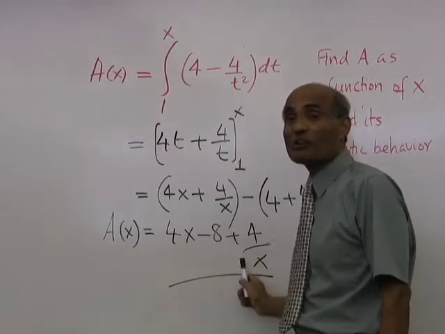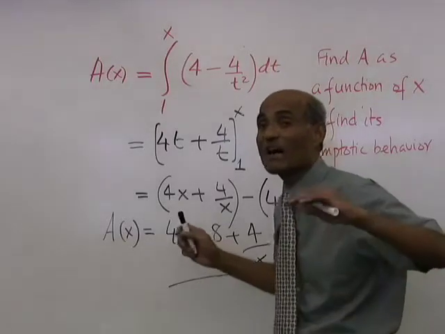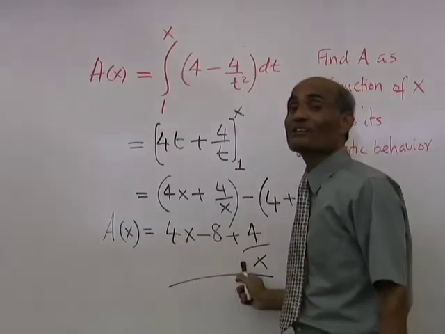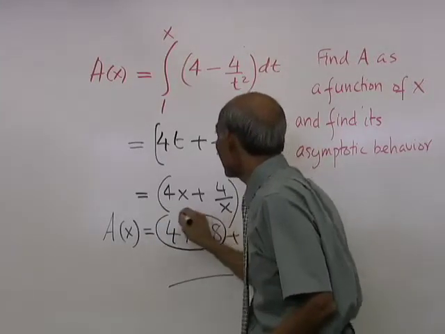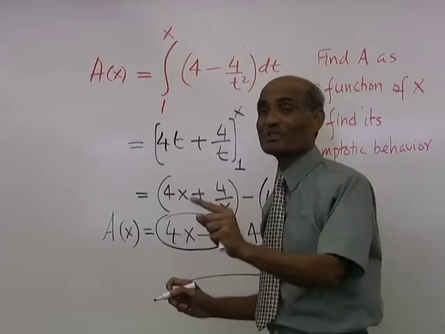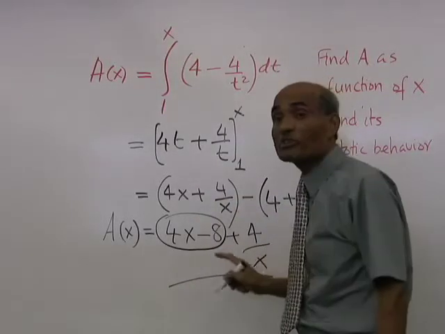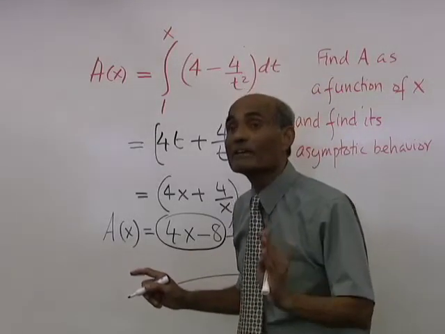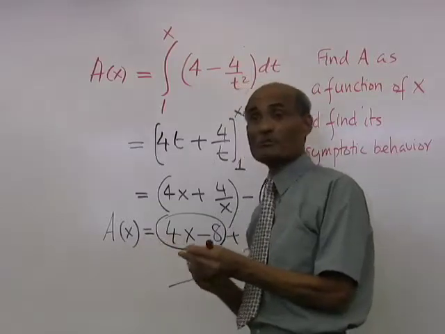That means the function value will reduce to 4x minus 8 at very large values of x. That means this 4x minus 8 is the oblique asymptote, the slant asymptote. And at x equal to 0, you have a vertical asymptote.